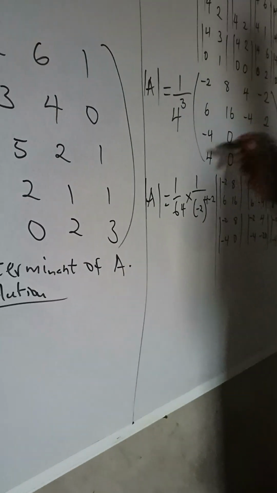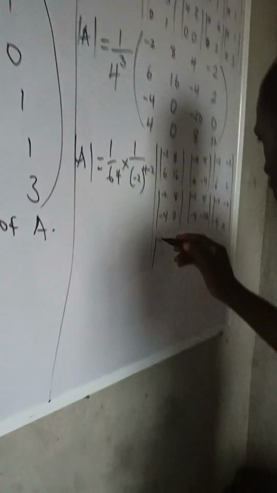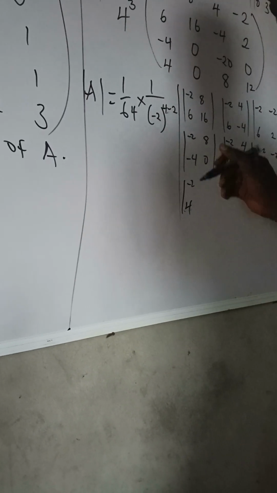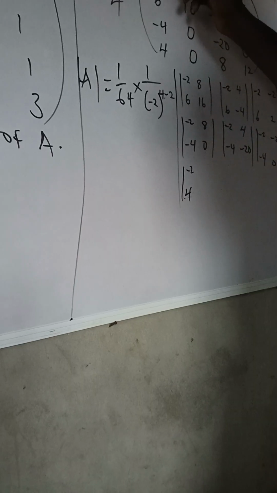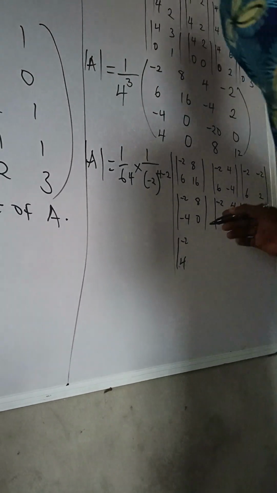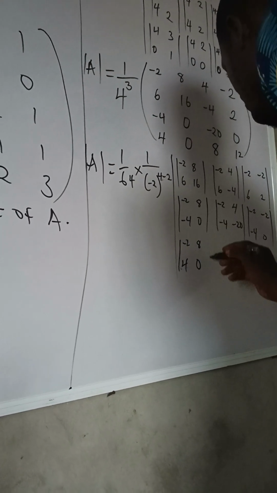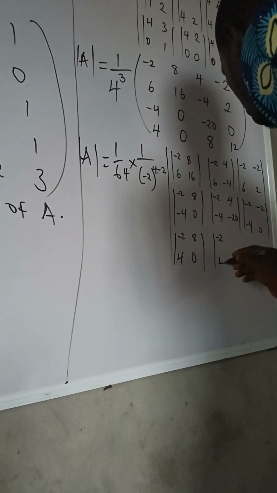We have minus 2 and 4 now. Minus 2 and 4. And then this will give us, now the next one is what? 8 and then 0. 8, 0. Minus 2, 4.